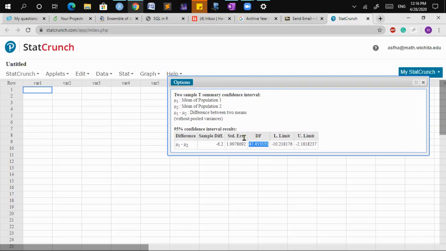So I always try to use this. And the limits are here: negative 10.21 and negative 2.18.